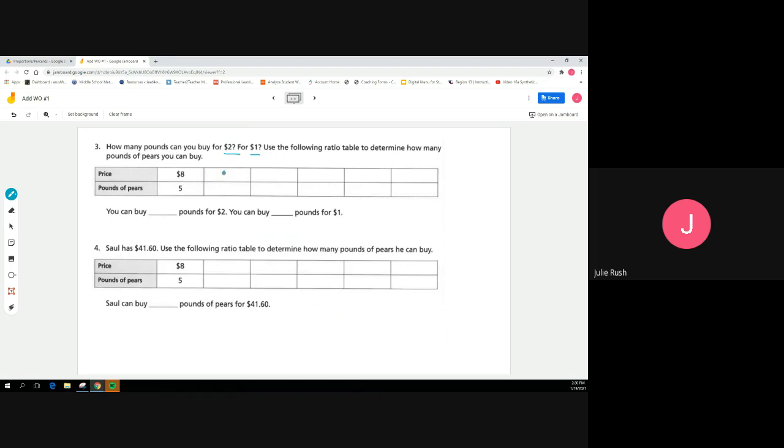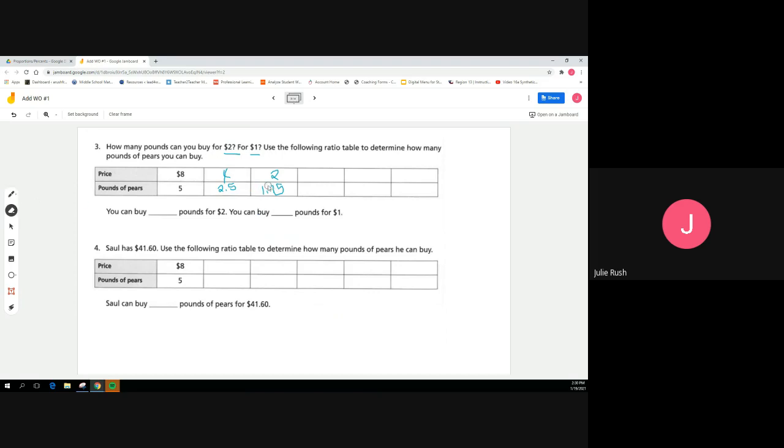So I'm going to cut it in half to get to 4. Half of 5 is 2.5. Then I can halve again. So $2 gets me 1.25 pounds.